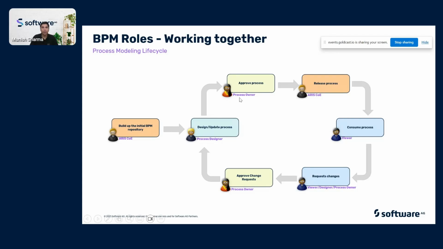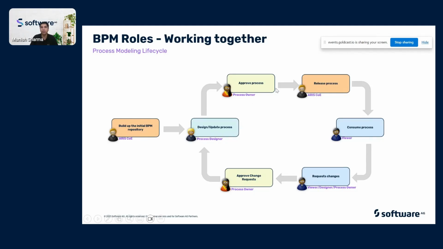And then there's an act of approval where somebody who owns the process goes through that particular process that has been designed or changed and validates if it is relevant. And on their approval, you could have an additional scrutiny from the ARIS COE team, who can perhaps check it from a standards perspective to see if the process design meets the modeling conventions, and then they can release the process.